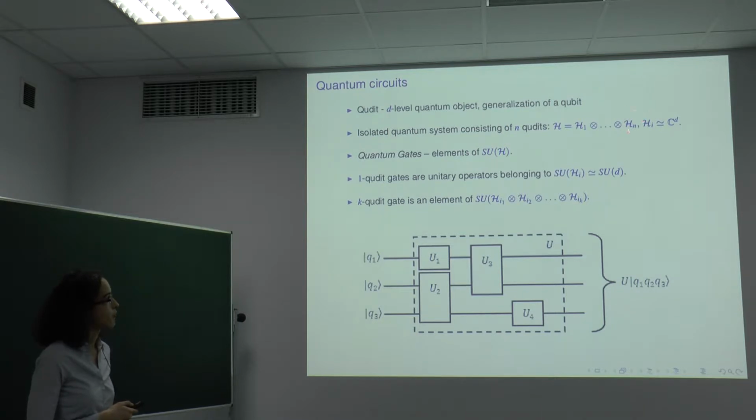Every one-qudit Hilbert space is isomorphic to a d-dimensional complex space.